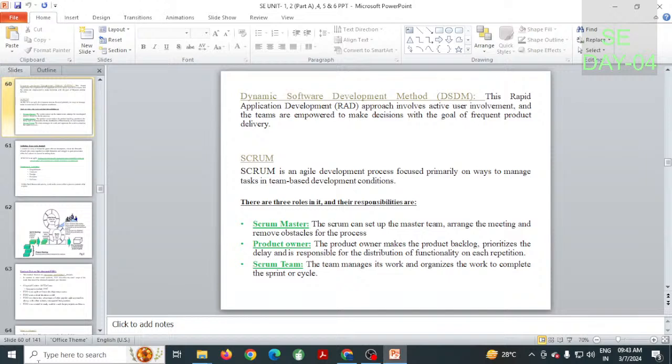The goal of DSDM, dynamic software development method, is empowering the teams especially for making the decisions.